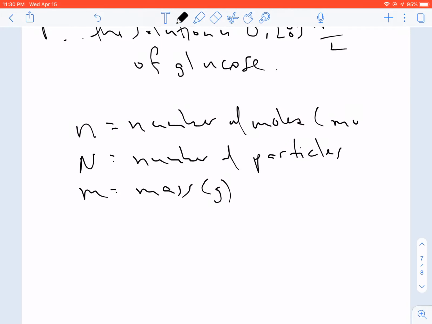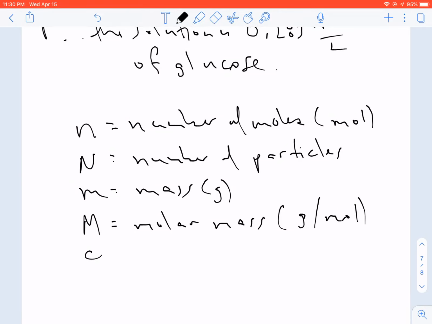Moles is M-O-L. Big M is molar mass. That's in grams per mole. And now we have C, which is concentration. In other words, how much chemical is dissolved in my solvent. And it's going to be in moles per liter of solution.